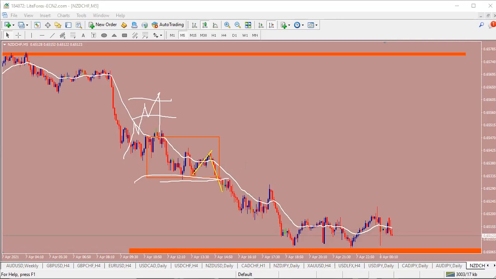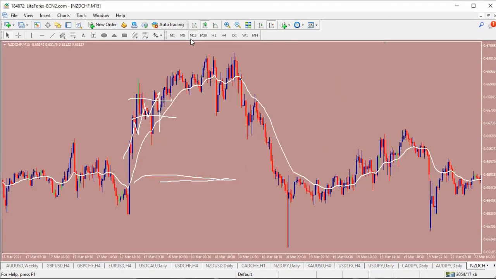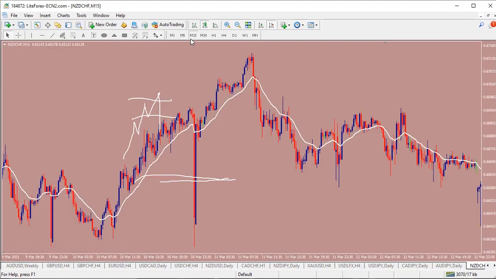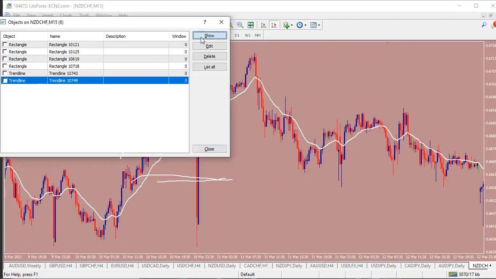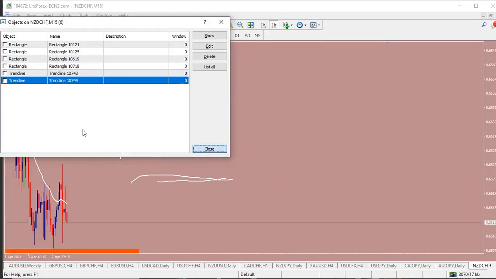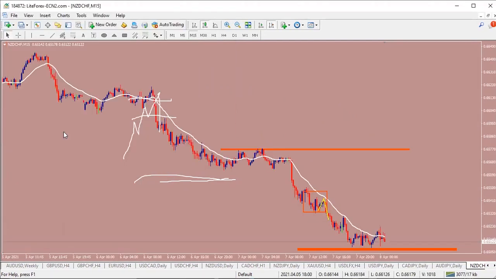Let's go to the 15 minutes. Now this is the 15 minutes. Did you see that in the 15 minutes it becomes smaller, and at the end of the day we still have a close below the 15 minutes time frame? Did you see?